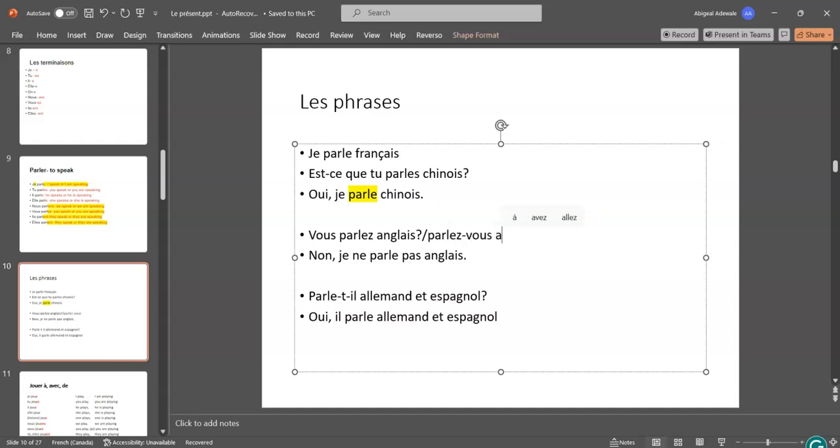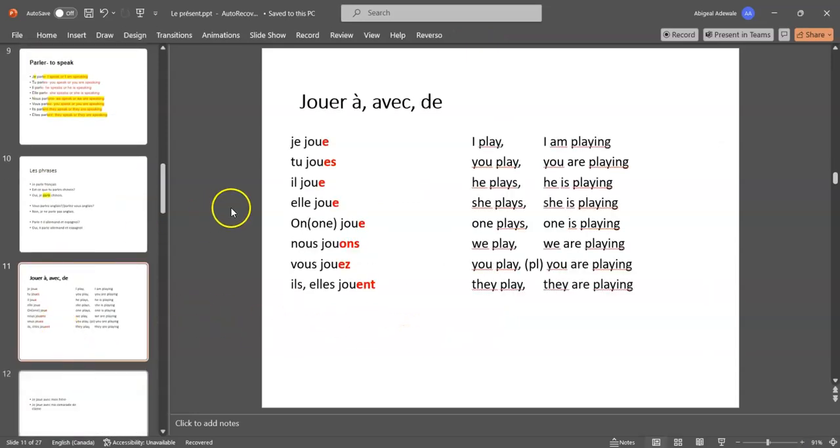And if we do that, that becomes parlez-vous. Parlez-vous anglais? Non, je ne parle pas anglais. So no, I don't speak English. Parles-tu allemand et espagnol? Oui, il parle allemand et espagnol. So allemand, German, espagnol, Spanish.